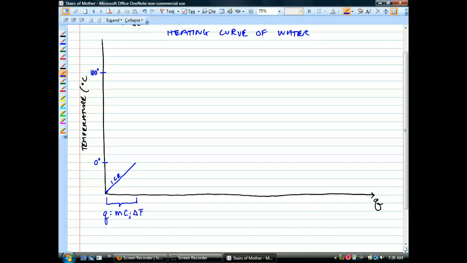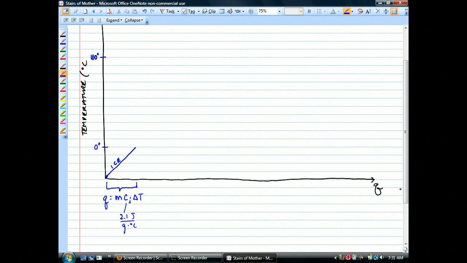Yeah, 2.1. So C, instead of being 4.18, is 2.1 joules per gram per degree C. All right? Keep that in mind. Those numbers will be given to you, but just keep it in mind that it's different than C sub W.